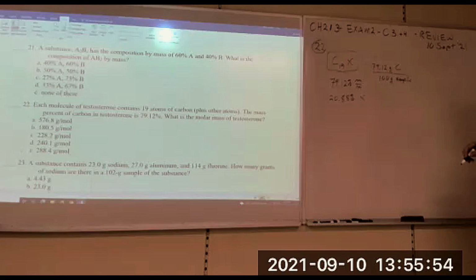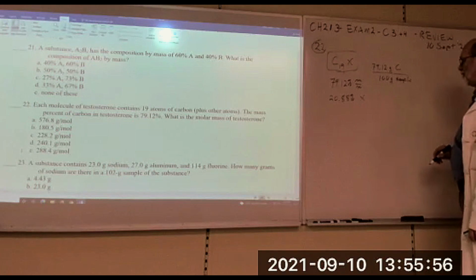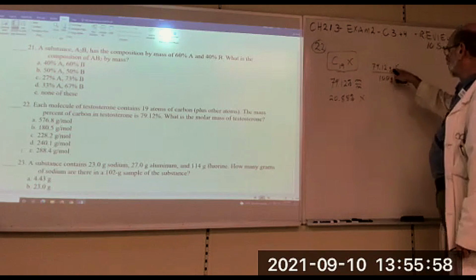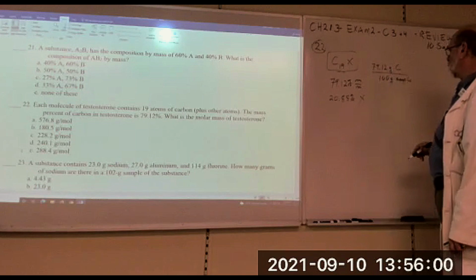We got to get moles out of here somewhere. How many moles is this? Moles of carbon.